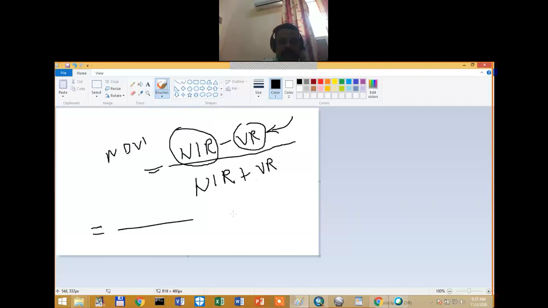So that means ultimately whatever information means in terms of the amount of energy that is actually stored in the satellite in these bands. So if you divide that part of an energy, NIR minus VR, divided by another unit of that energy, then the units ultimately will cancel each other, and then this will ultimately be a unitless number.